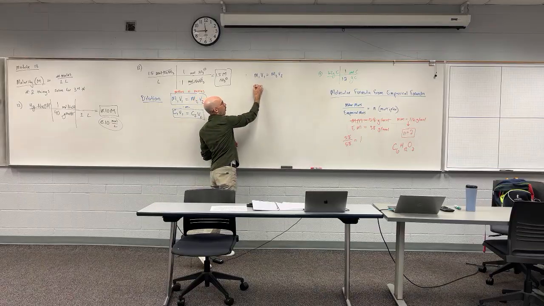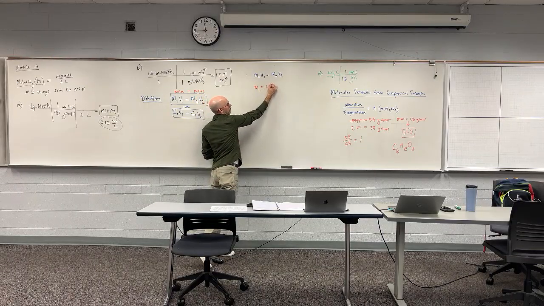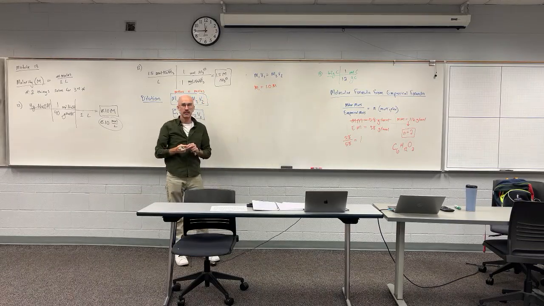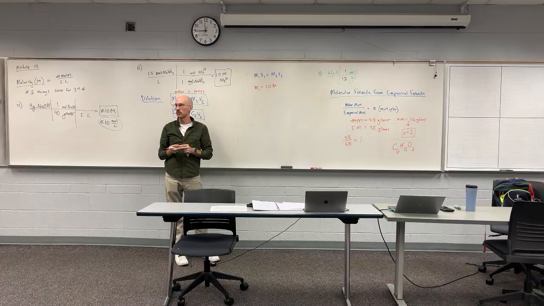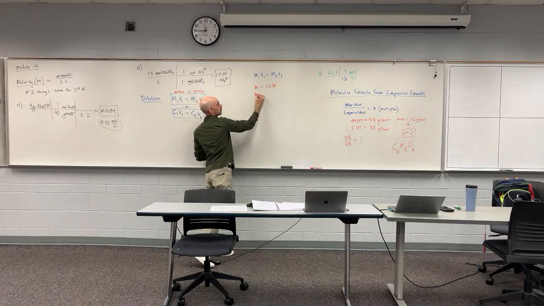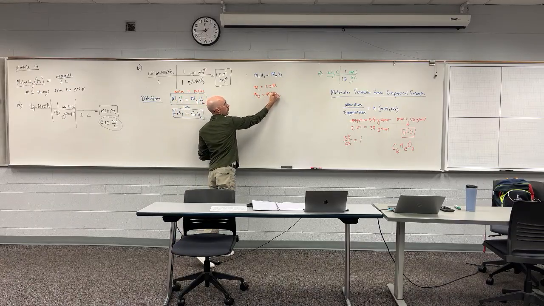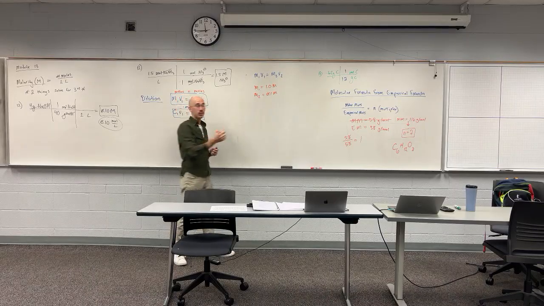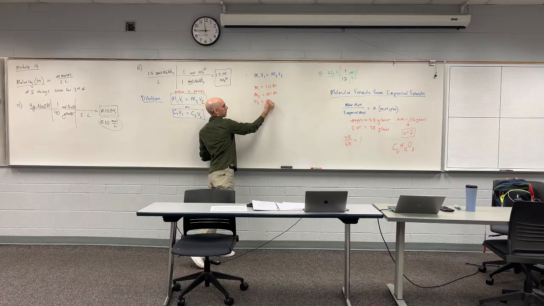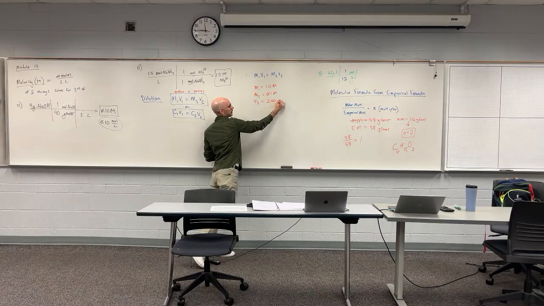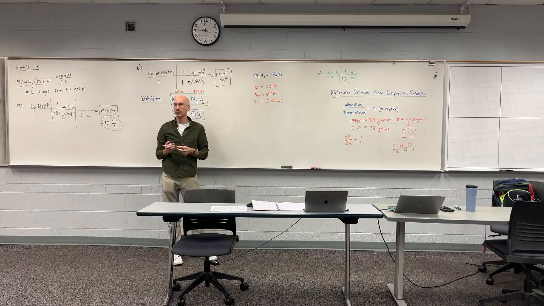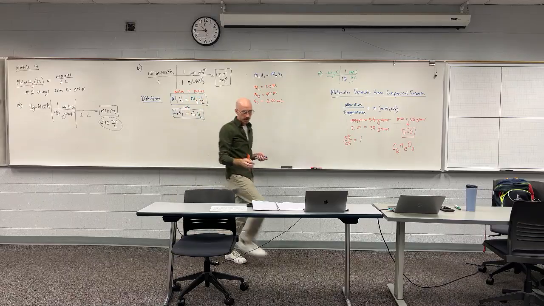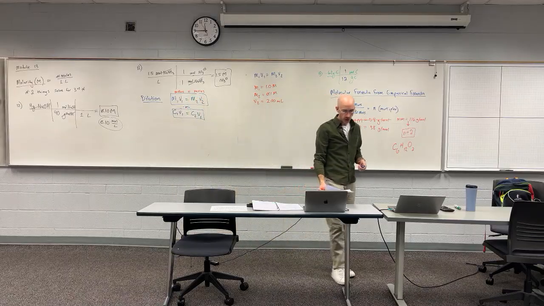I know M1, it's 1 molar. I know M2, it's 0.1 molar. I know V2, it's 200 milliliters. What do I not know? And that's what I want to find out: the initial volume.